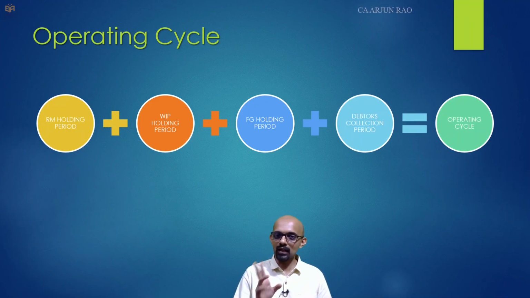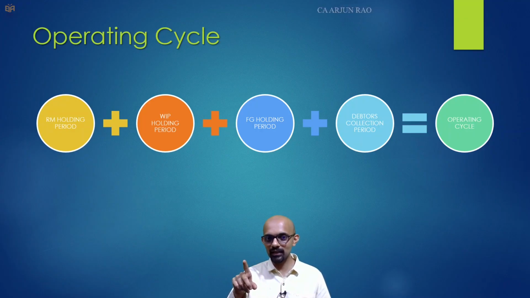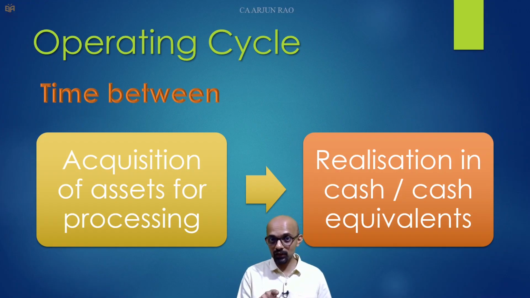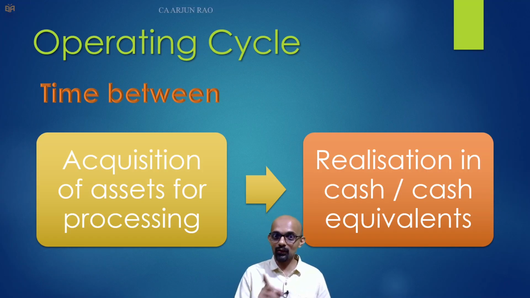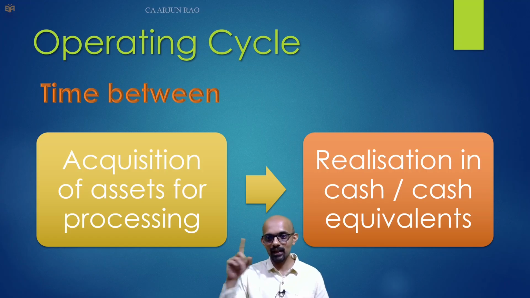Please note that unlike in financial management, we don't reduce creditors payment period, because by definition it is the time between the acquisition of assets for processing and realization in cash. It is not the time the money is locked up in the form of working capital. That is what we require for financial management.